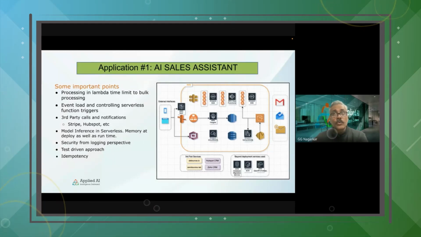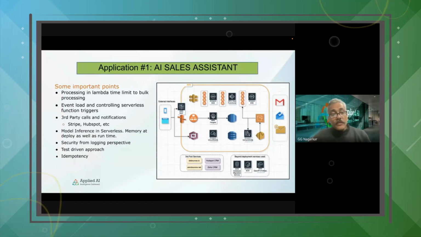Depending on if you want to divide the workload, you can batch it up into various batches and start that many containers and not worry about timeout. So that's one important point we had to worry about when processing the bulk upload data in this case.